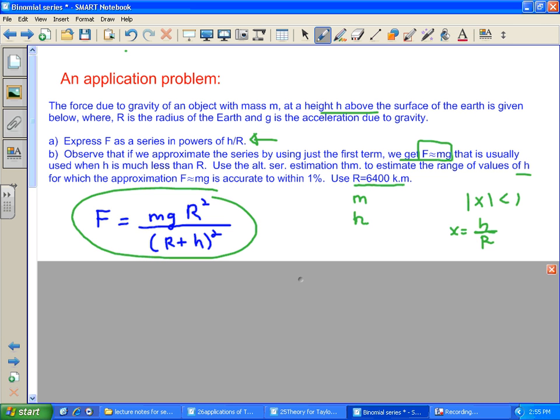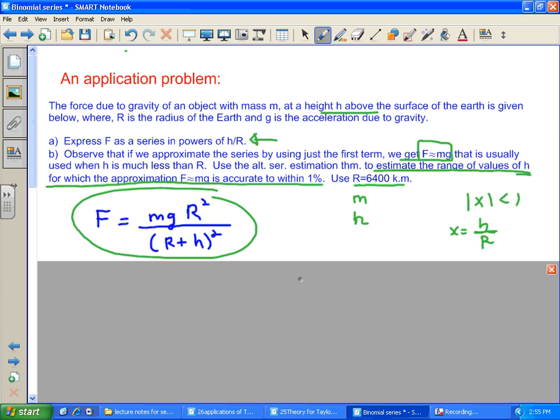So first we're going to show that in the local or closer distances that force would really be equal to mg, the formula that we're so used to seeing in physics classes. And then we're asked to estimate the range of values h for which the approximation is accurate to within 1%. So we want an error of less than or equal to 0.01.